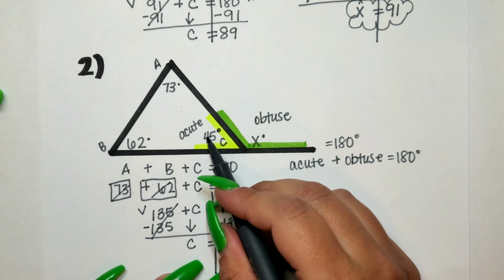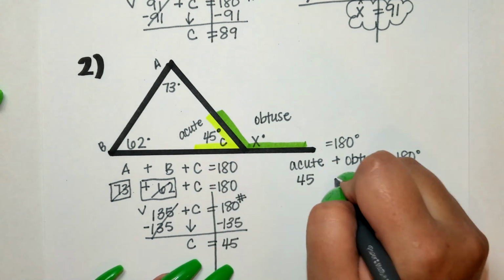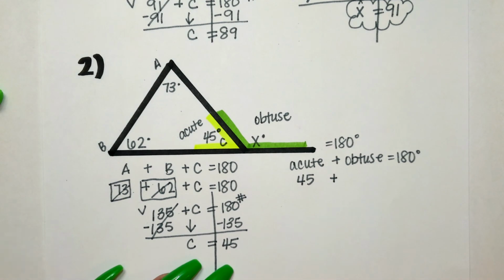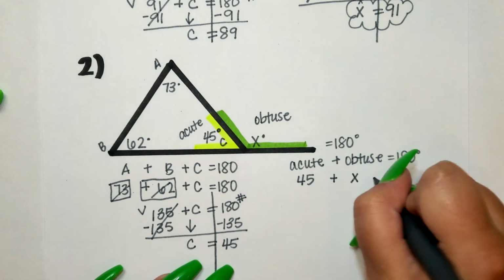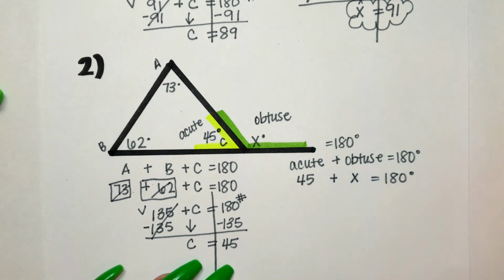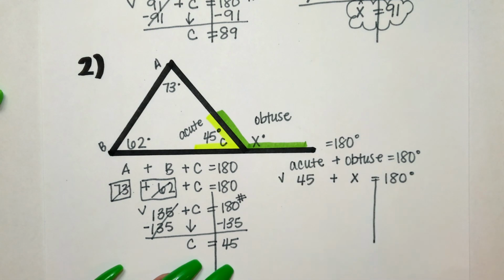So my acute angle is 45 because I just solved for it, plus my obtuse angle is X. That's the one I'm looking for. X equals 180. Now I solve. My left side is my variable side because it's the only one with an X. The right side is my number side.